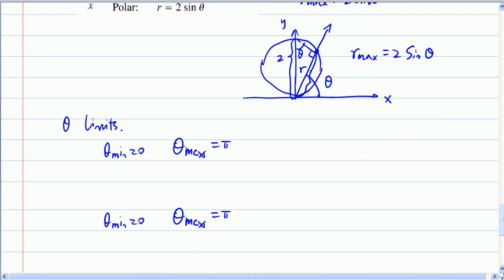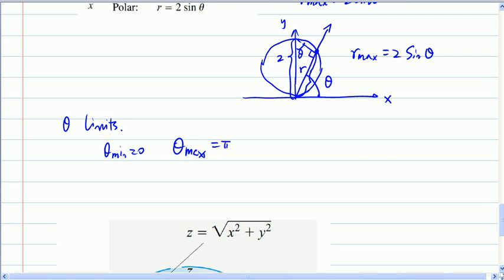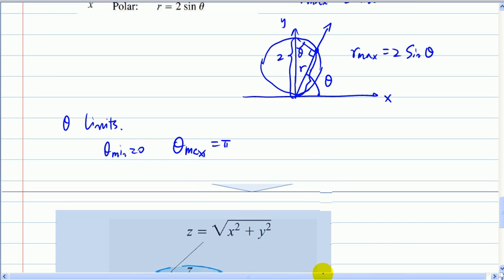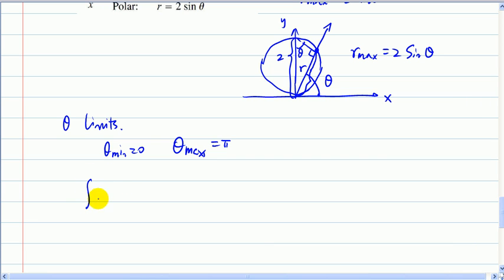So now you can set up the triple integral. Suppose you're calculating the volume. In terms of cylindrical coordinates, it's dz, r dr, and d theta.